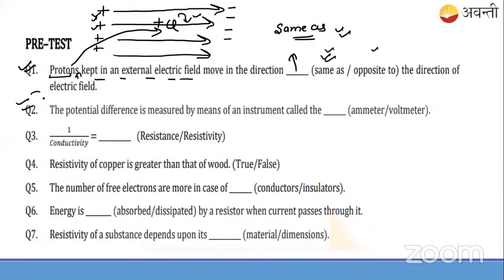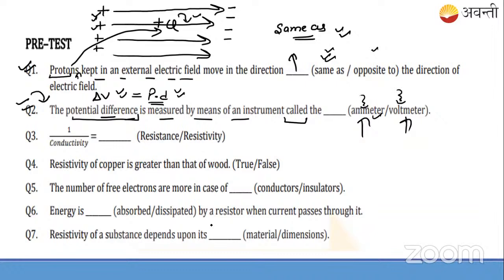चलो next question देखें. The potential difference is measured by means of an instrument called what? बताओ, एमीमीटर होगा या वोल्टमीटर होगा? बट क्या मेजर करना है? मेजर वी नीड टू डू इज दिस पोटेंशियल डिफरेंस. पोटेंशियल डिफरेंस मेजर करना है तो एमीमीटर से होगा या वोल्टमीटर से होगा? What do you say?